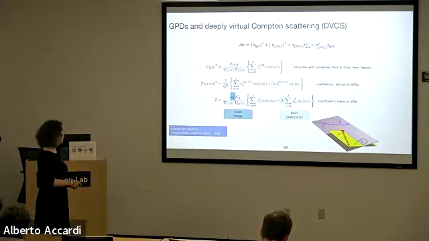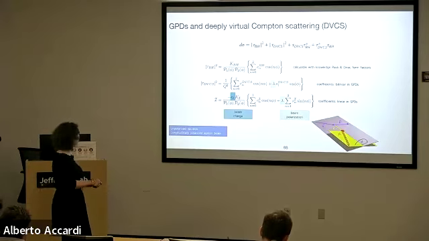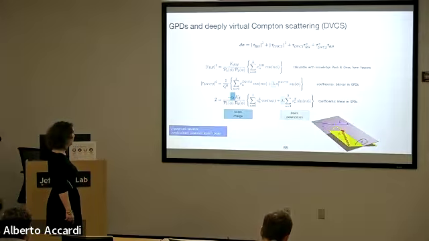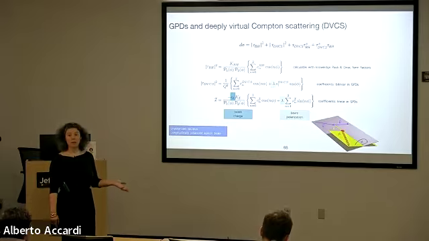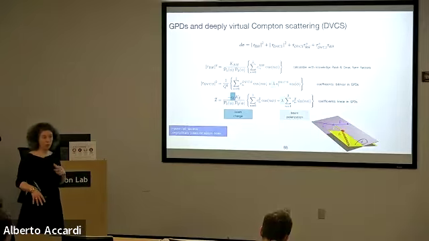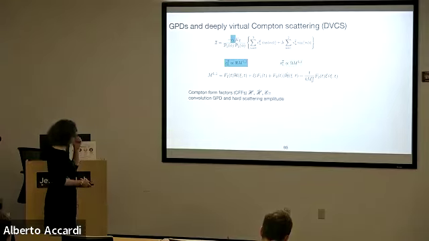So by performing measurements with beams of different charge, you can isolate part of this interference term. And this is exactly what has been done at the Hermes experiment at HERA, because there we had an electron and a positron beam. At Jefferson Lab, there's only an electron beam, and at the EIC, they will only have an electron beam at all. This was one nice advantage of the HERA accelerator.